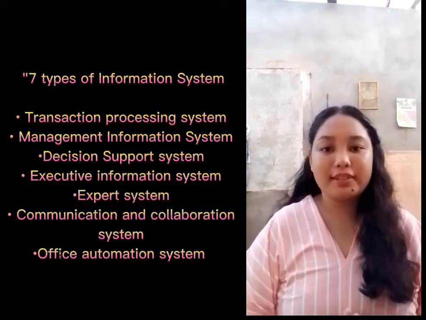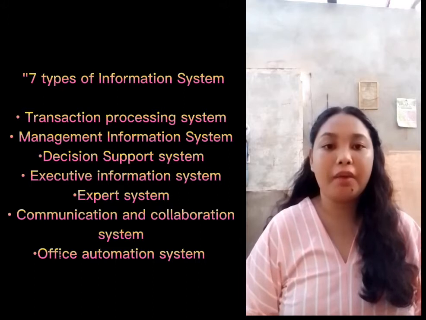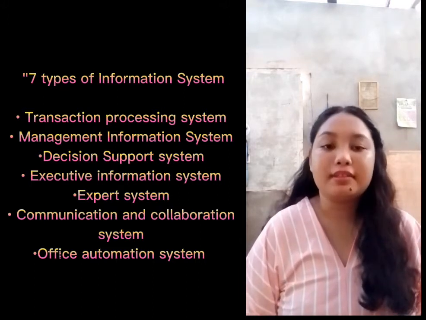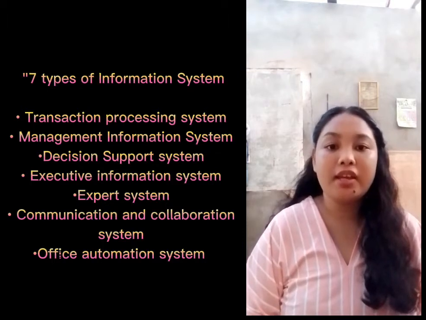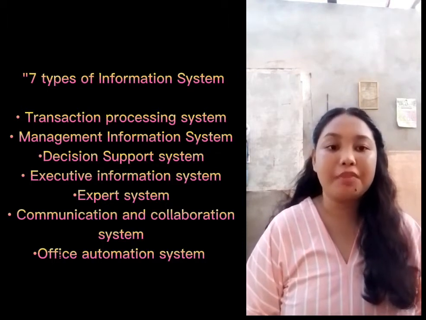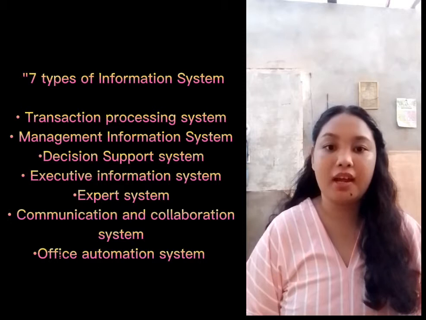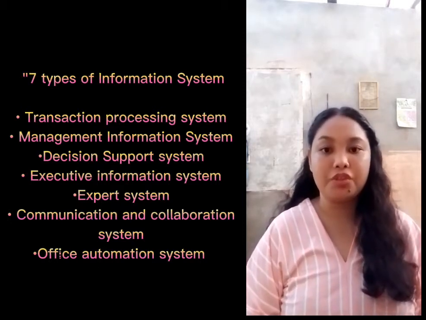There are seven types of information system applications. First is the Transaction Processing System, or TPS, an information system that captures and processes data about business transactions.